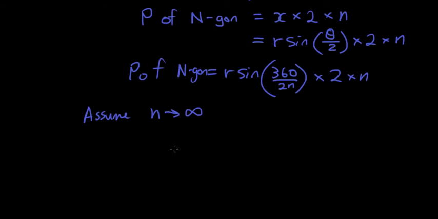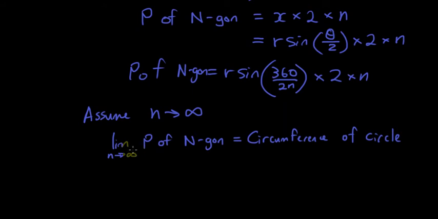N is approaching infinity. So as n approaches infinity, now we're using the concept of limits, the perimeter of the n-gon approaches the perimeter of the circle.